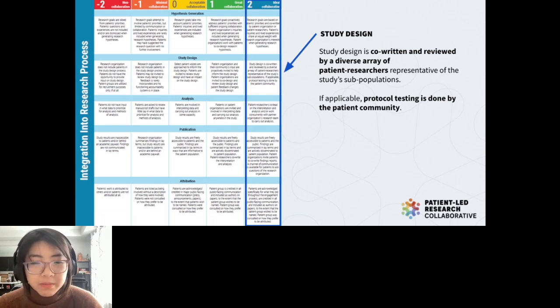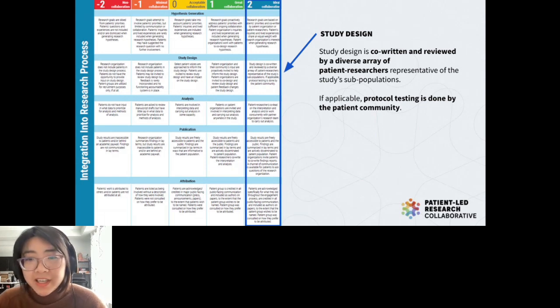This is very important to long COVID in particular, because long COVID has quite a few phenotypes, and you have folks who are very severely disabled versus people who are more mild and have organ damage, for example, in certain organ systems. And so it's important to write a study design that incorporates the representation of these applicable subpopulations.